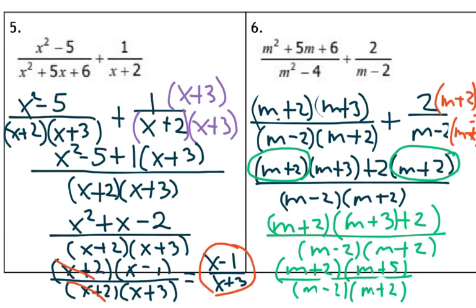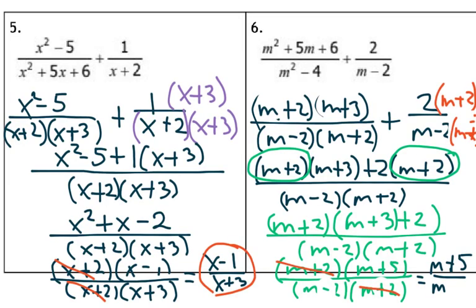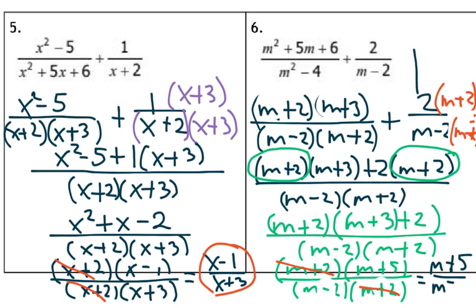Okay, get rid of the common factors. So the common factor is m plus 2, and the remaining are my answers. So m plus 5 divided by m minus 2. Oops, and it just keeps going.